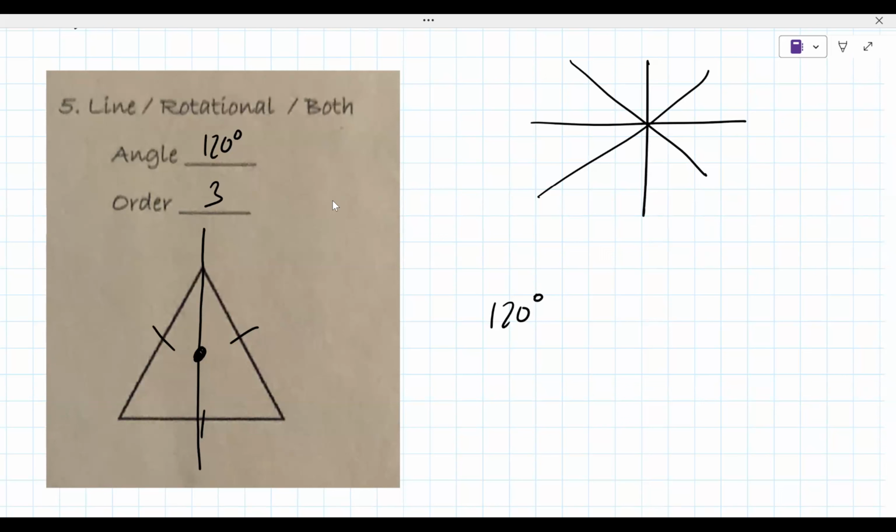Number six looks just like another line thing. One line.